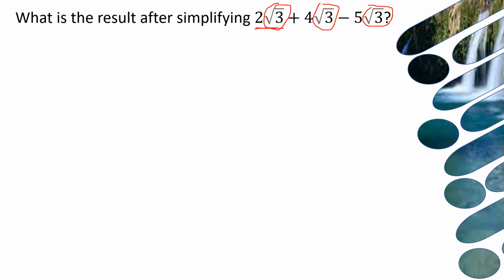So we can go ahead and just add the numerical coefficients of these radicals. So you have 2 plus 4, which is 6, minus 5, and that is 1. So 1 is square root of, just rewrite the common radical, which is 3. Or simply, the answer is square root of 3.